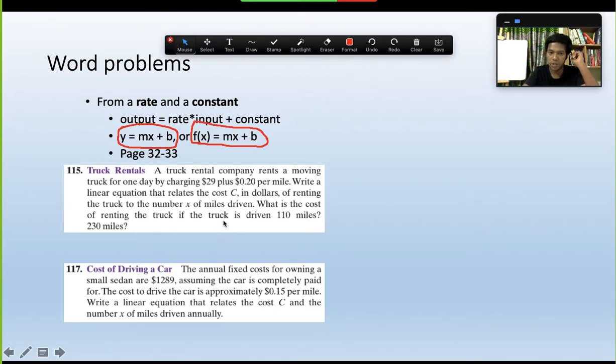Write a linear equation that relates the cost C in dollars of renting the truck to the number x of miles driven. So how can we make this equation?